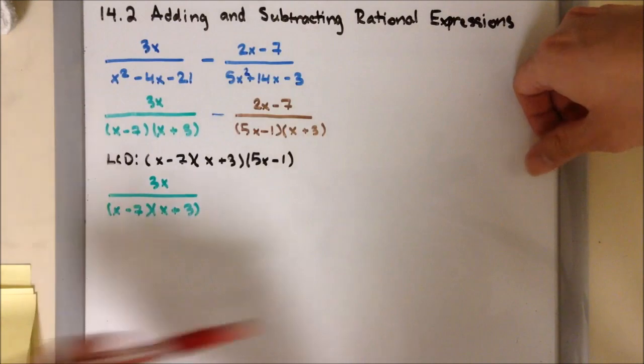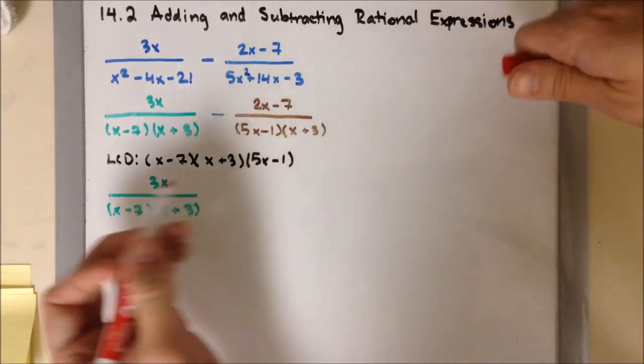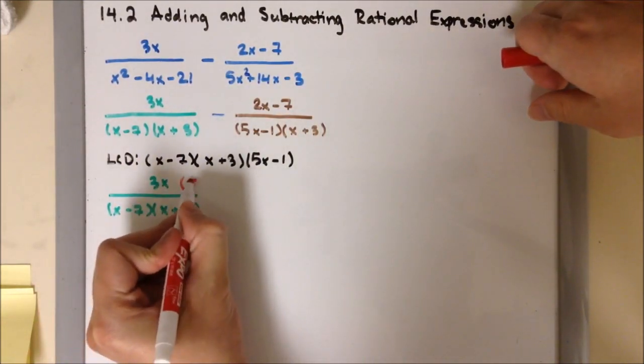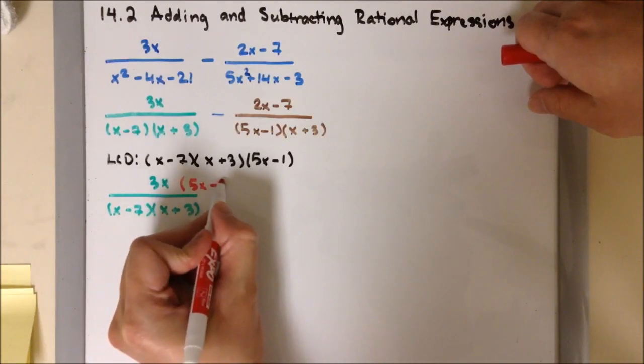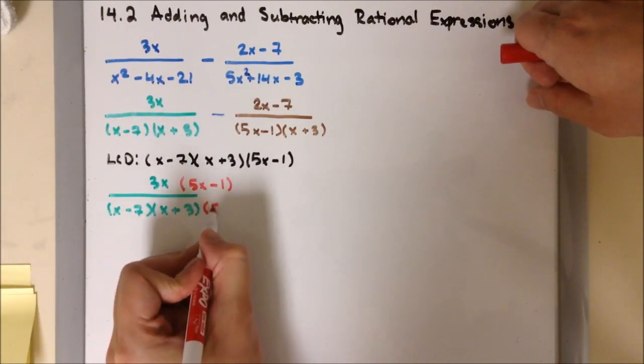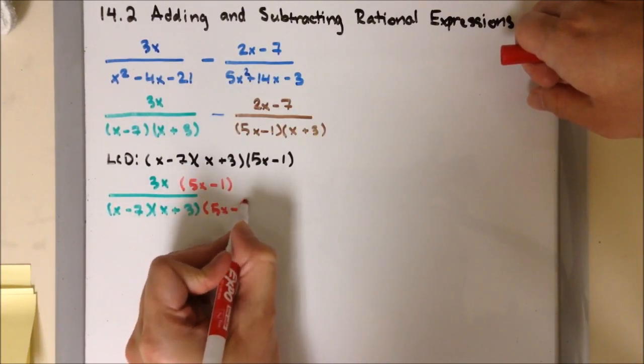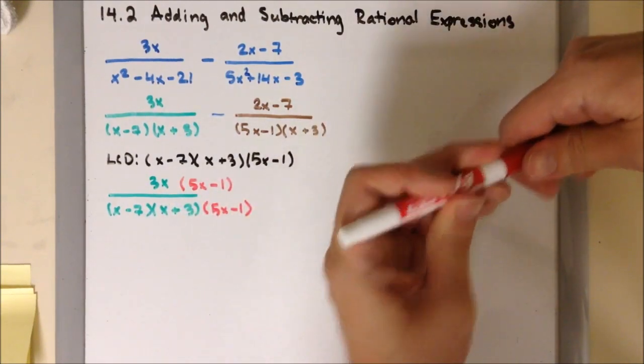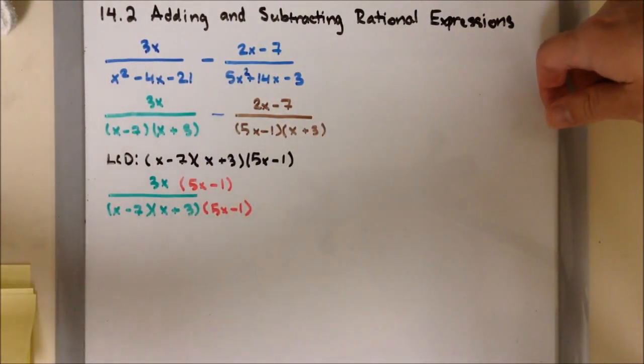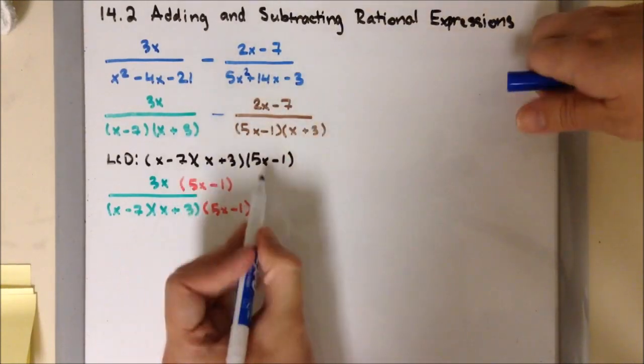So I'm going to multiply the numerator and the denominator by 5x minus 1 and then bring my minus sign.